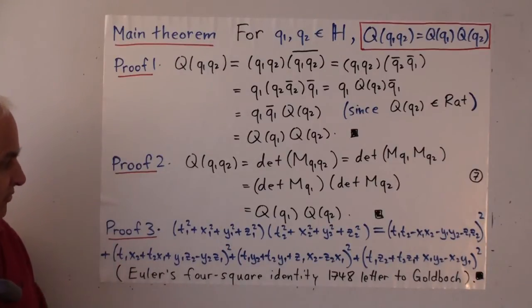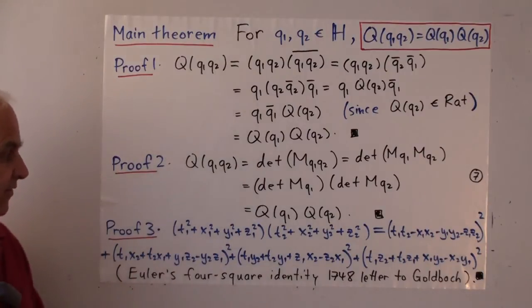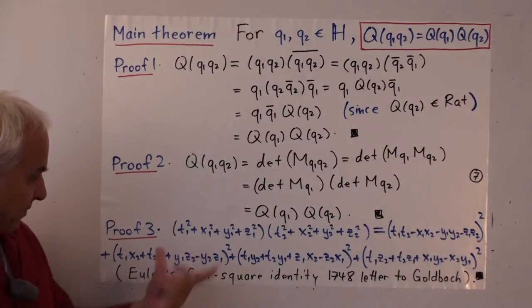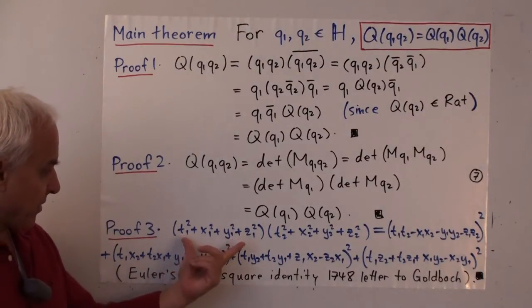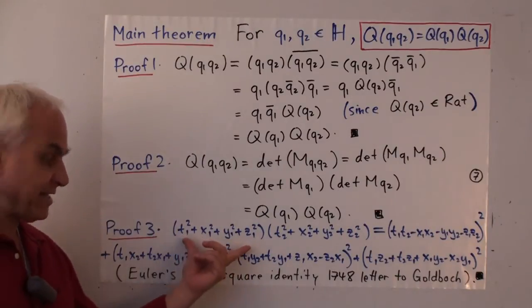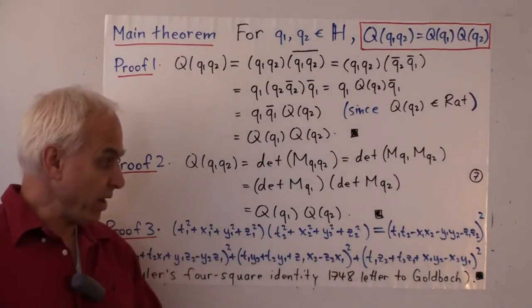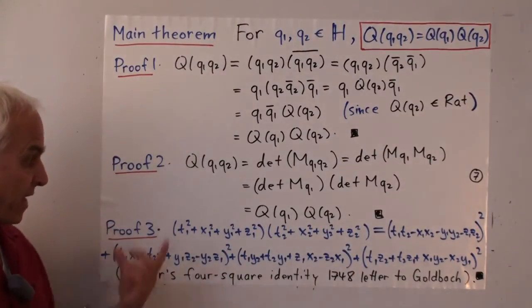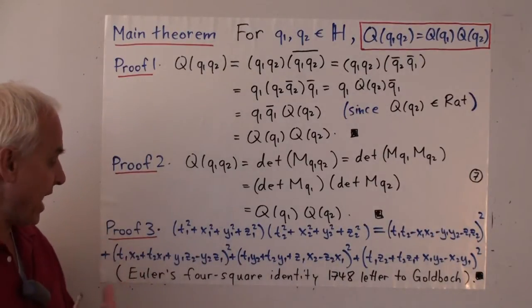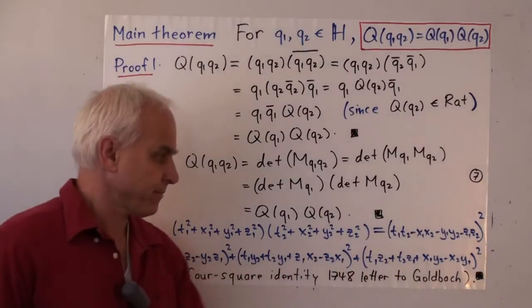Euler discovered this remarkable extension of Fibonacci's, or Diophantus's, identity, which says that if you take t1 squared plus x1 squared plus y1 squared plus z1 squared, so that's a sum of 4 squares, and you multiply it by some other sum of 4 squares, then that product can also be written as a sum of 4 squares.